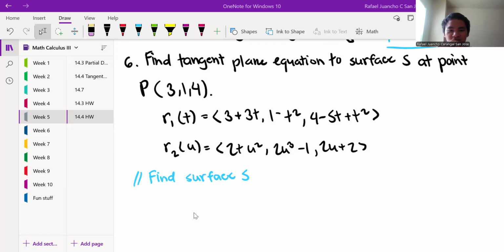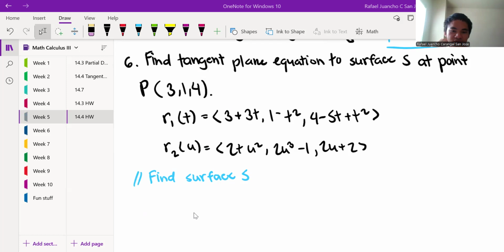I guess the first thing that we can do is to confirm that it indeed passes through P. We can do that. We'll get some parameter value out of it. And then what now can we do?